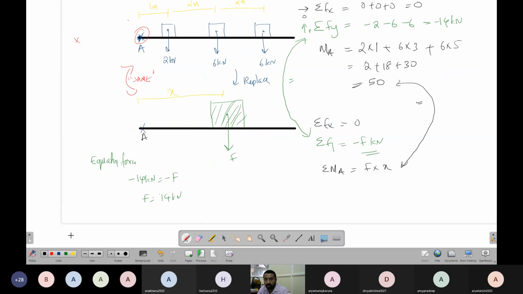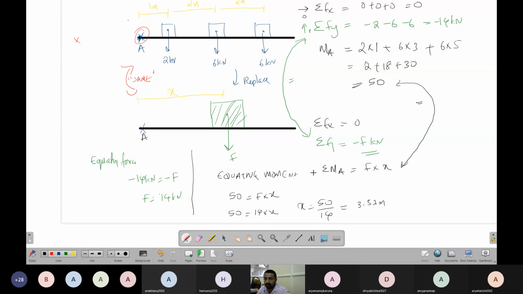Now equating moment. 50 is equal to F times X. 50 equal to 14 times X. X is equal to 50 over 14, and this is equal to 3.57. Okay. Now what will happen?